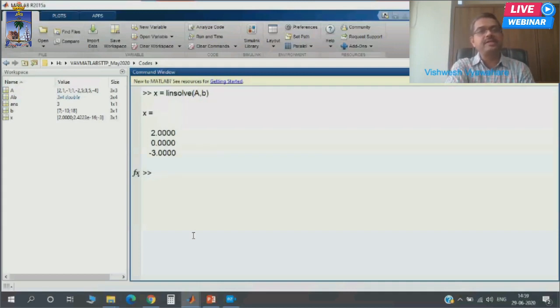Whether this answer is correct or not, how do I check it? This is what MATLAB has given as the solution.